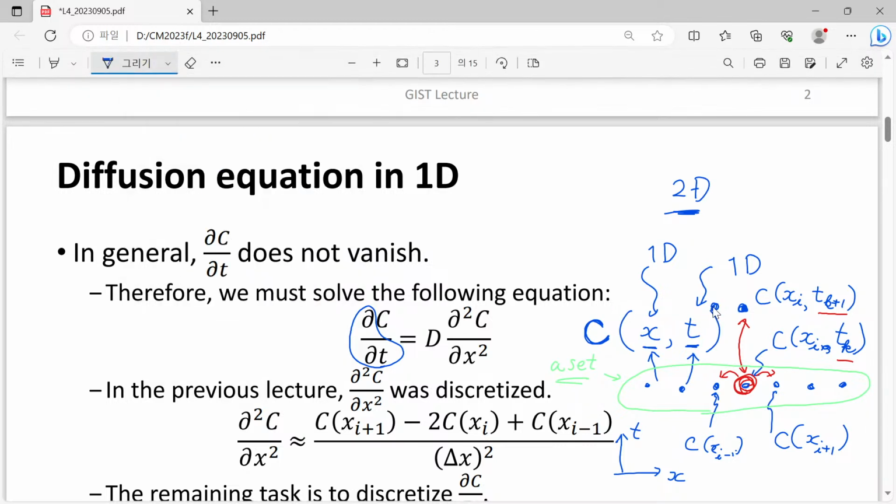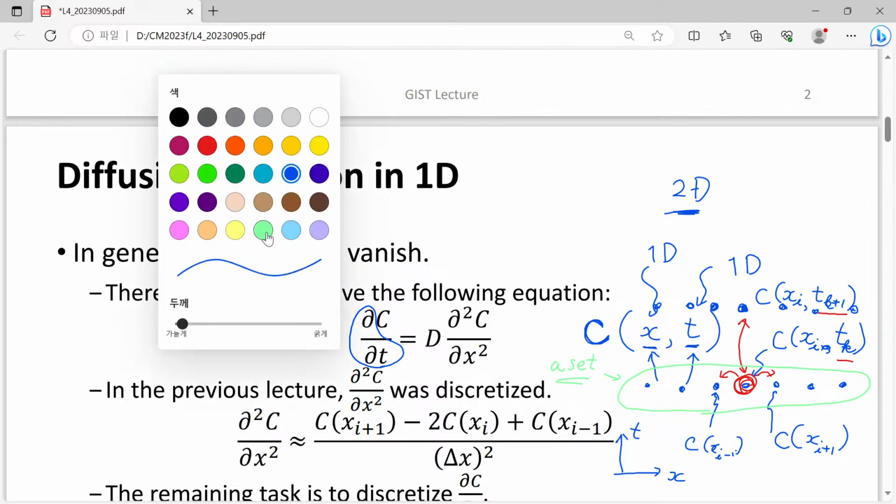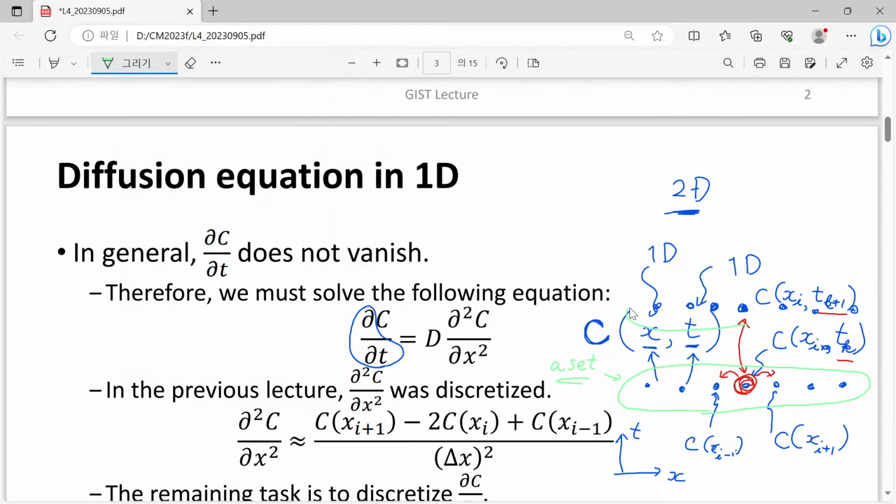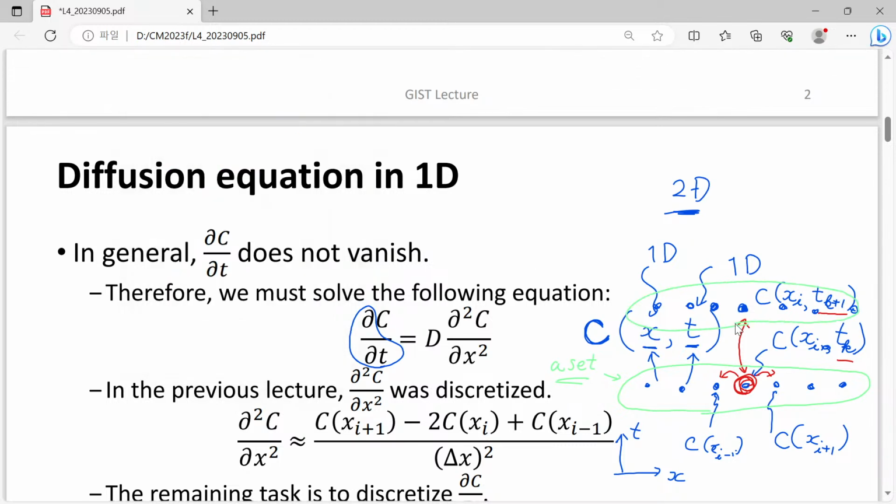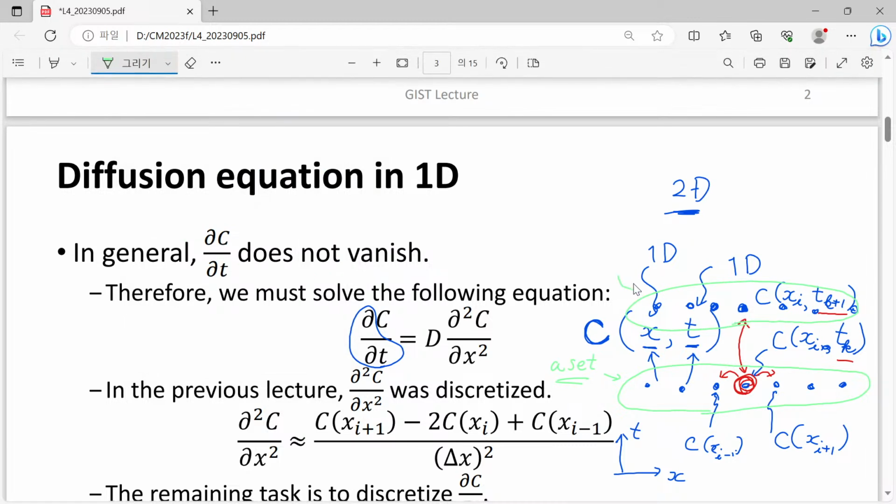Say this one, this one, this one, or other values at time index of t sub k plus 1. In this case, we will treat these quantities as another set of unknown variables. So we will also try to calculate this set. Are you with me?